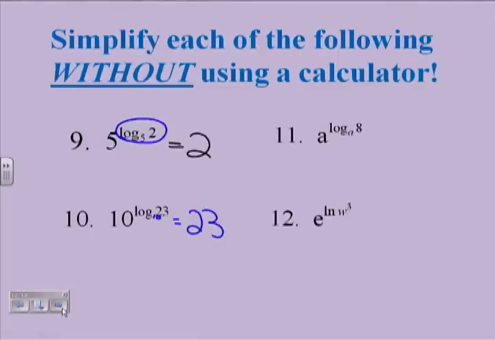A raised to the log base a of 8 is going to be 8. Why? Because this is saying the exponent to which you would raise a in order to get an answer of 8. So if you do that, your answer is 8. And lastly, since this has a base of e and my logarithm up here has a base of e, guess what? It's e to the 3rd.